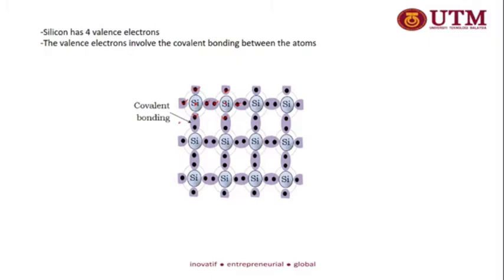Covalent bonding actually means the chemical bonding produced due to the sharing of valence electrons. This silicon and this silicon are sharing electrons. This is what we call covalent bonding. So valence electrons are involved in the covalent bonding between the atoms.